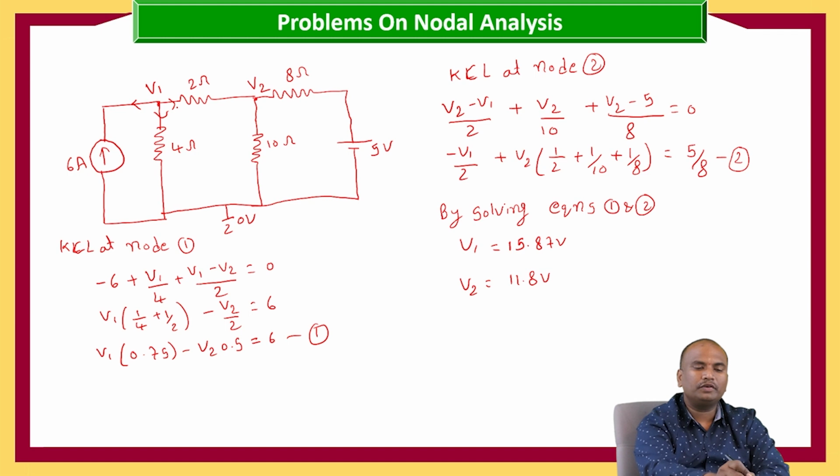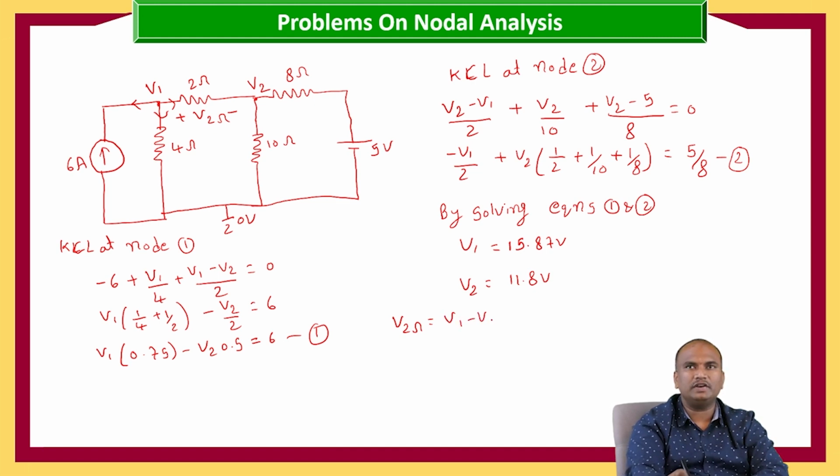Now, if we want to calculate the voltage across 2 ohms, here it is given this terminal as positive. So that is V1 minus V2, 15.87 minus 11.8, that is equals to 4.07 volts.